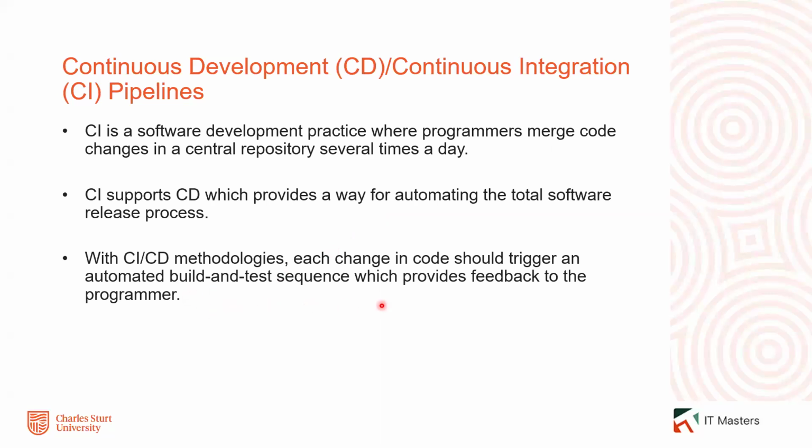With these particular methodologies, every time we change something in the code or something in our software, or really if you applied it to a hardware platform, something in the hardware or componentry you're developing, it should then automatically signal to someone, all right, we need to do a build and test, compile and test, power up test, whatever the test may be, in order to be able to confirm whether the changes we've made have given us the right outcome or whether they've given us something unexpected.